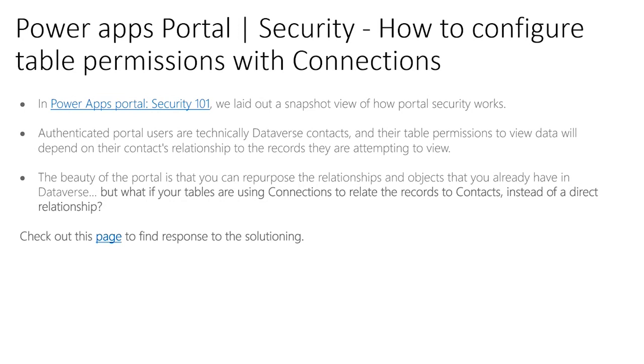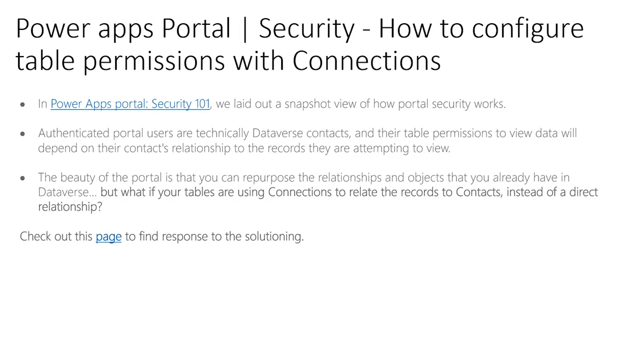The next one is on Power Apps portals as well, and with security and how to configure table permissions with connections. So authenticated portal users are technically Dataverse contacts, and their table permissions to view data will depend on their contact's relationship to view records that they are attempting to view.